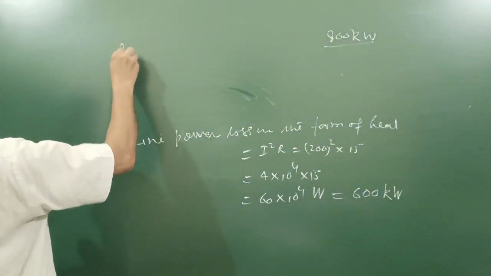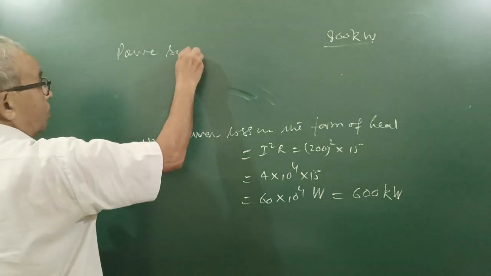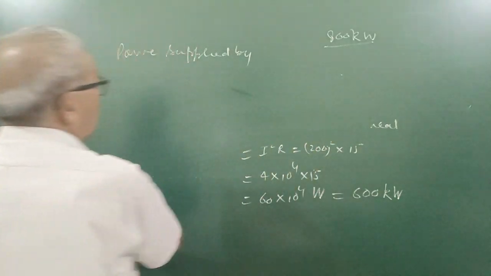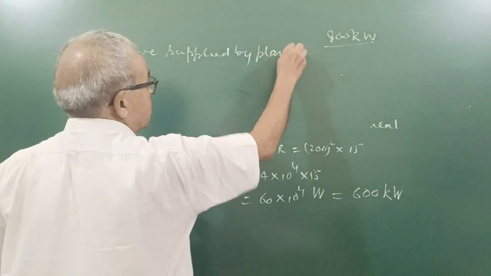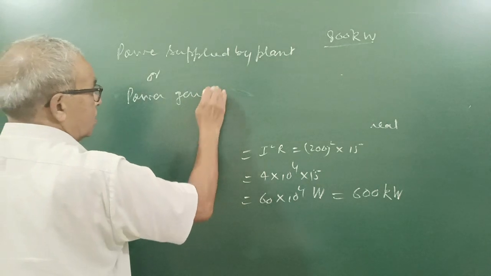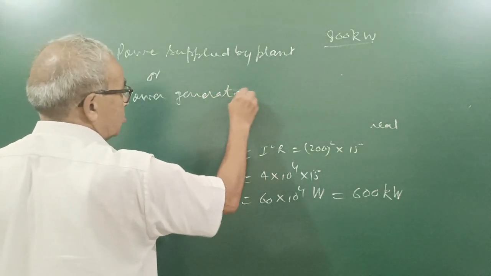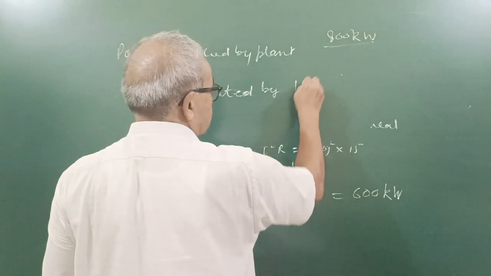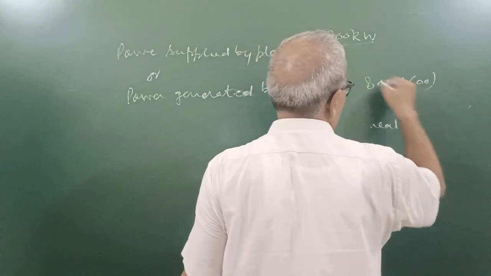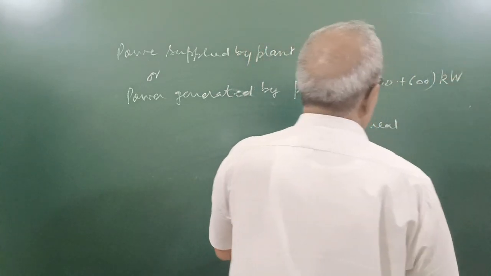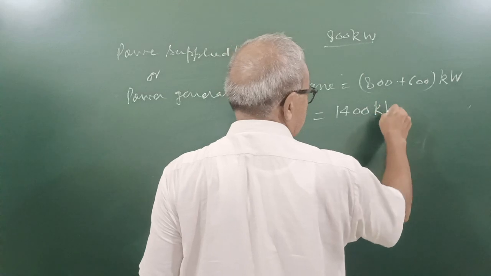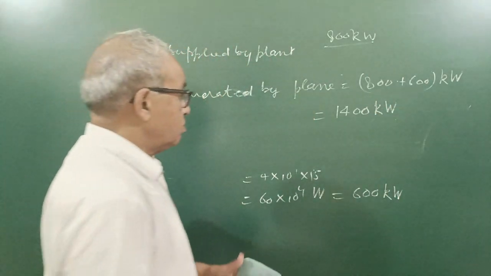So power supplied by plant, or power generated by plant, equal to 800 plus 600 kilowatt, means 1400 kilowatt. You understand, kilo means 1000.